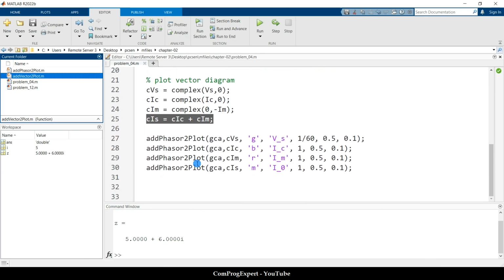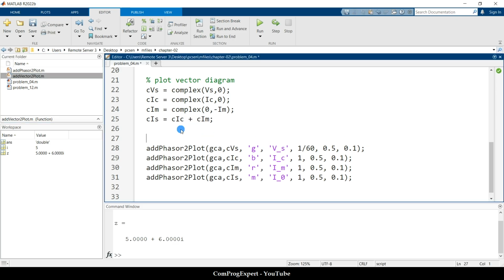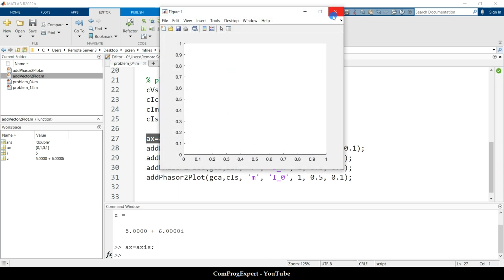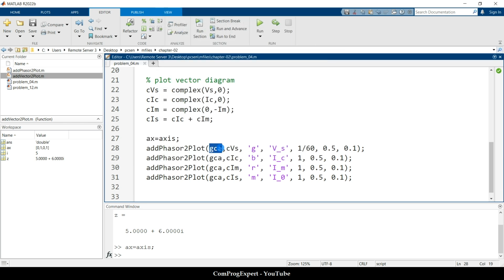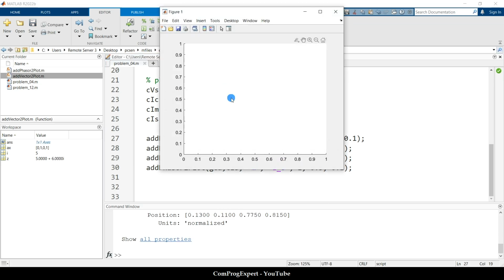To plot a phasor, we need one axis. You can define an axis like this in MATLAB. If I run this, I can generate this axis. Or when you call gca, and if there is no axis, MATLAB by default generates one.